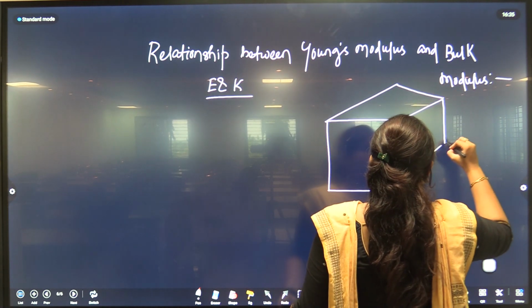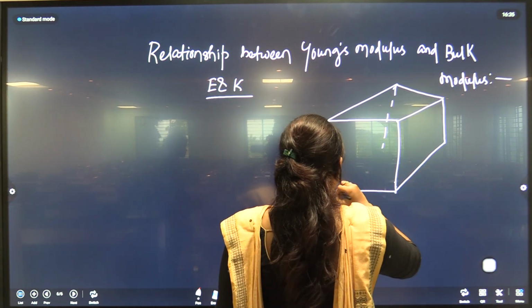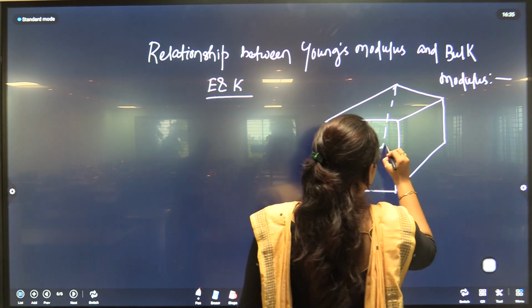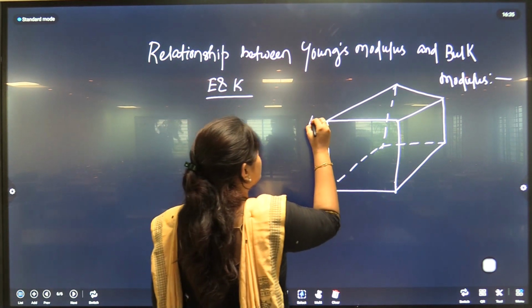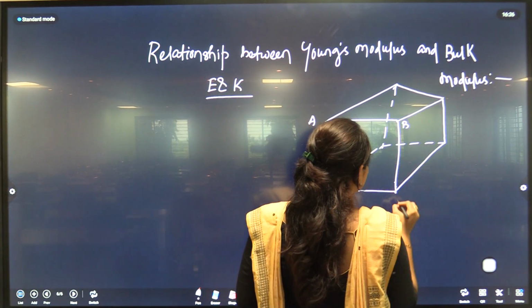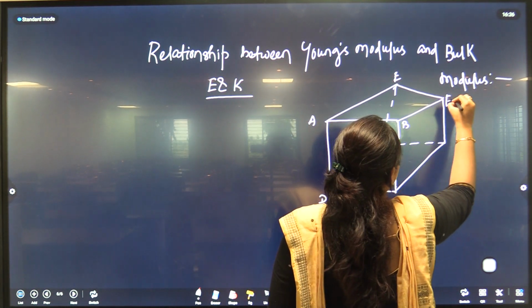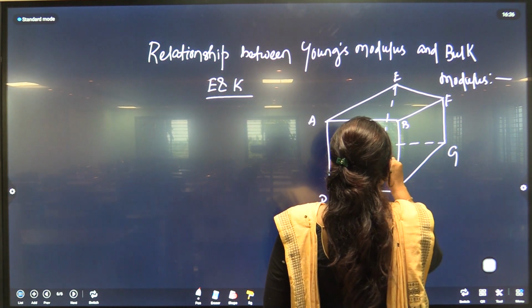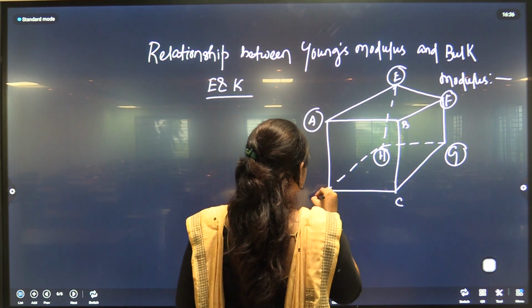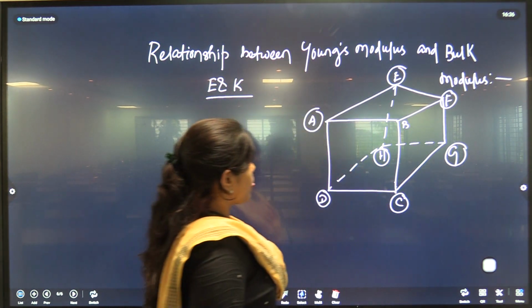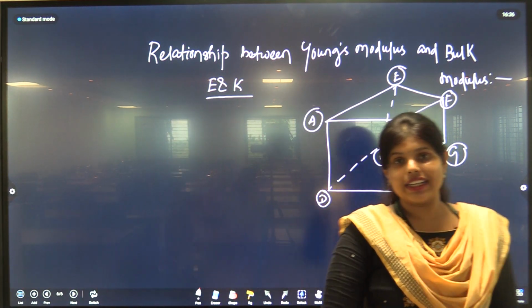Name it A, B, C, D, E, F, G and H. To find their relationship, we need to calculate the total strain.